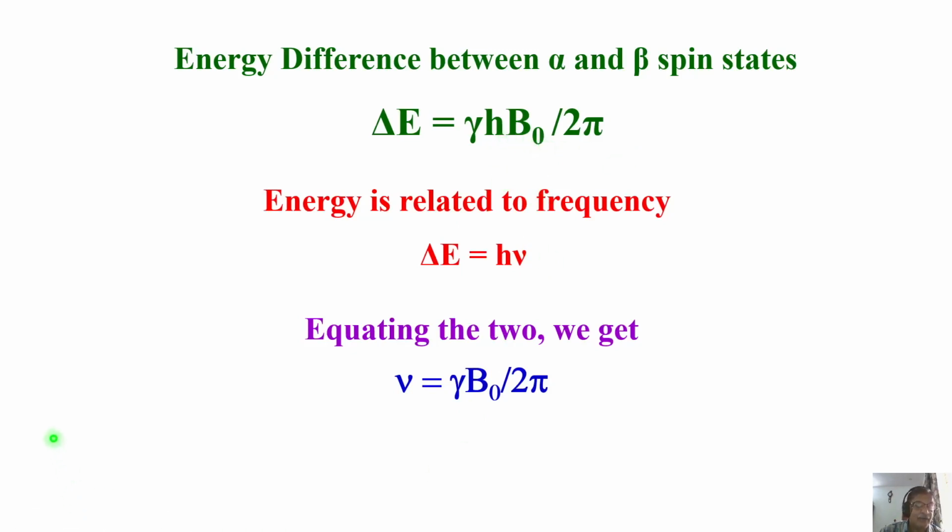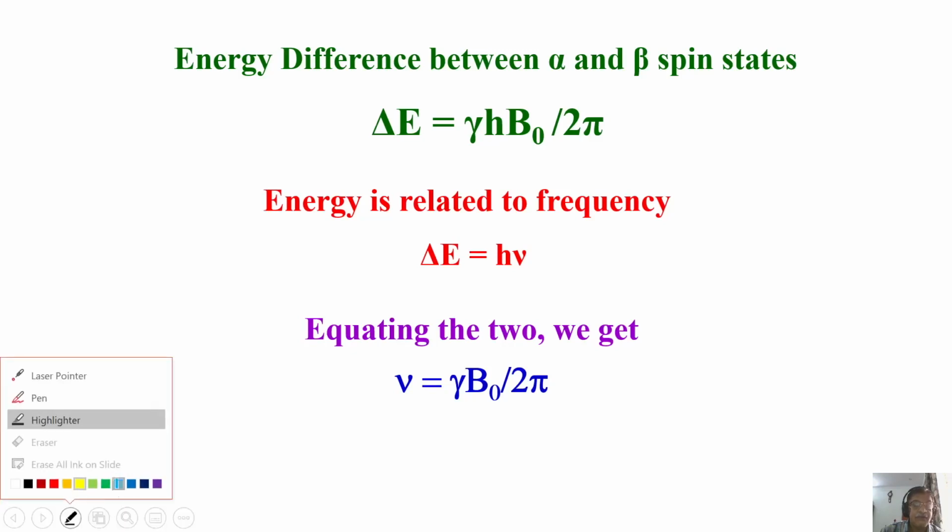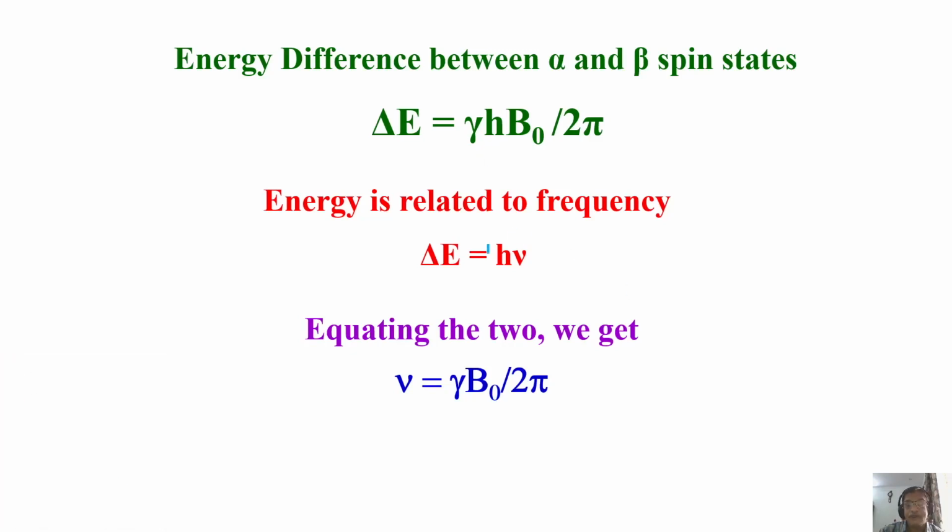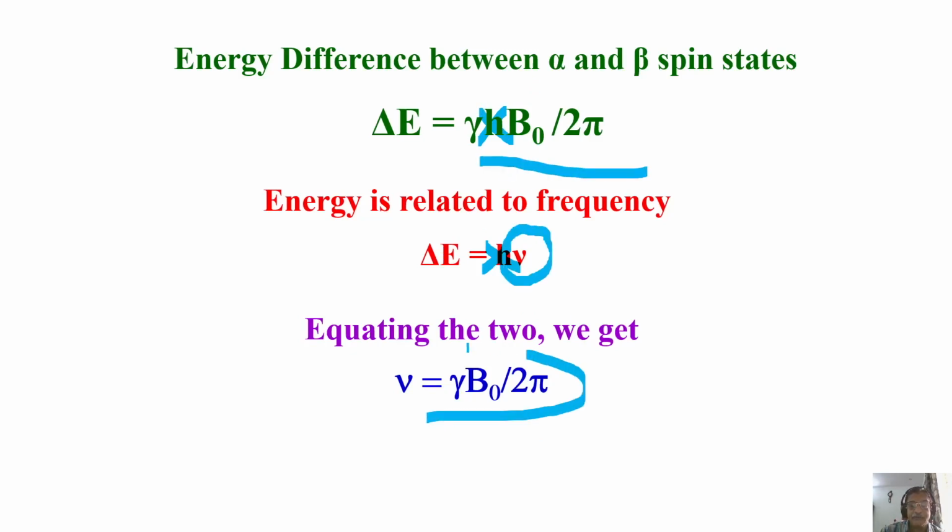What is going to happen now? This h and this h get cancelled out, because you're equating these two and this is a common factor. Then what you are left with is nu equal to gamma B naught over 2 pi.